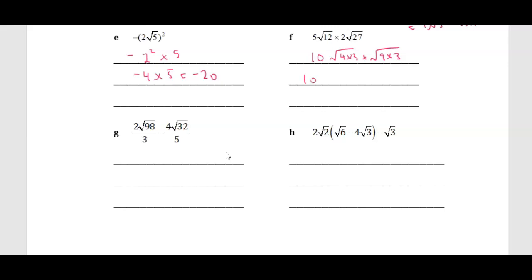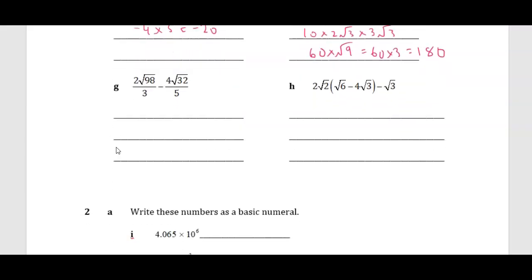So we're going to have 10 times 2 root 3 times 3 root 3. Then 10 times 2 is 20, times 3 is 60. Root 3 times root 3 is root 9, so we've got now 60 times 3, which is 180.